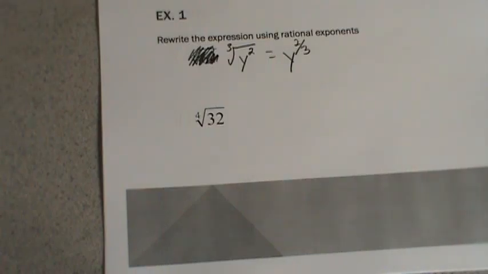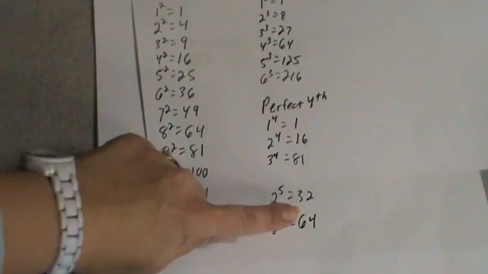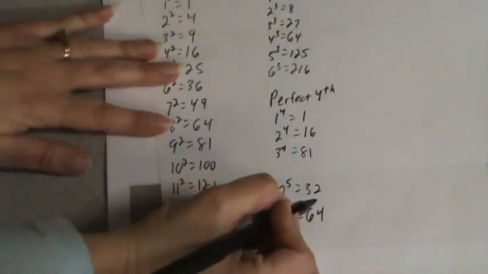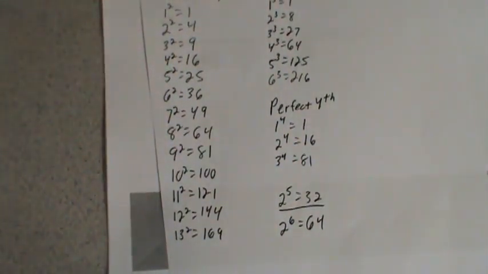Now we're going to try one that has a number. The difference between having a variable and a number is we need to change the number down to its lowest terms. As in that last piece of paper that I showed you, we need to find what 32 is and how else we can write 32. If we look back at this paper, I see 32 is the same as 2 to the 5th.